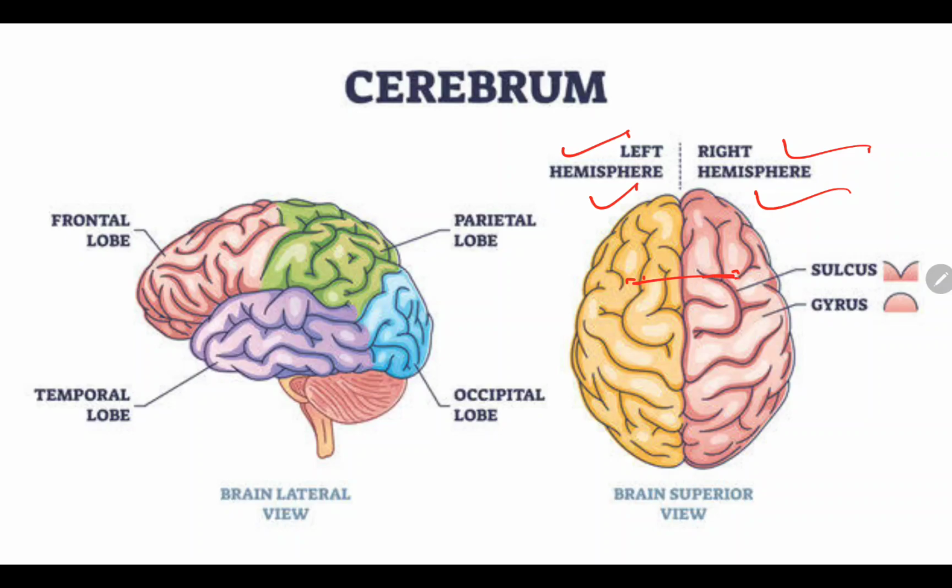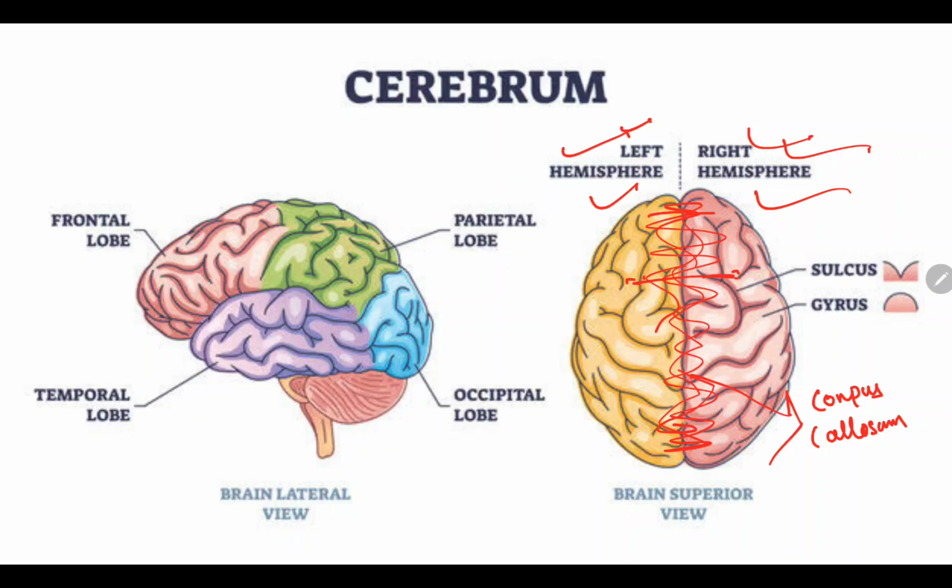These are not actually separated; internally they are joined by a heavy network of fibers called the corpus callosum. The left hemisphere controls the right side activities of the body and the right hemisphere controls the left side activities of the body.